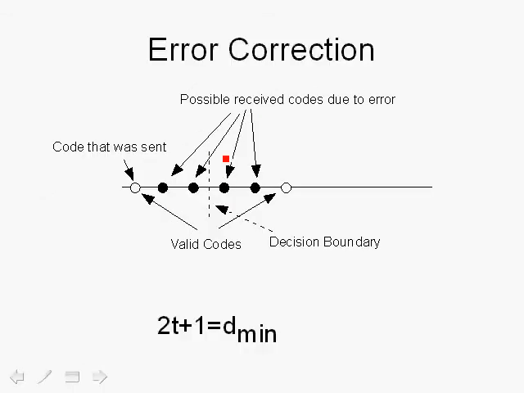Let's take a look at error correction for a minute here. Let's take the case where we have a code word shown over here, and we have another code word shown over here, and these are valid code words that are associated with the information that is transmitted. That is, the information is transformed into these code words, and the code words are then transmitted to the receiver.